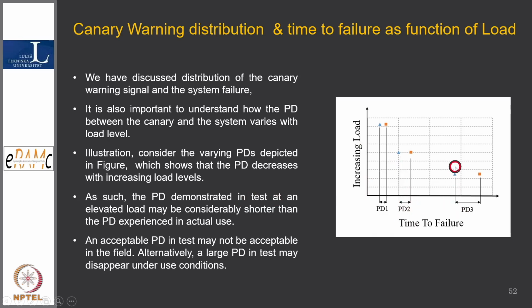Now PD, if we reduce the load, like we started from somewhere here, now we are coming over here. So which situation will you prefer? According to me, I will prefer this particular optimum because I should have time for management. If these two together fail, then there is no use. But it could be optimum here.